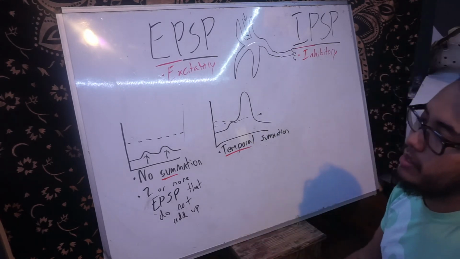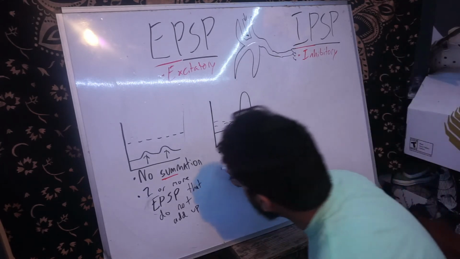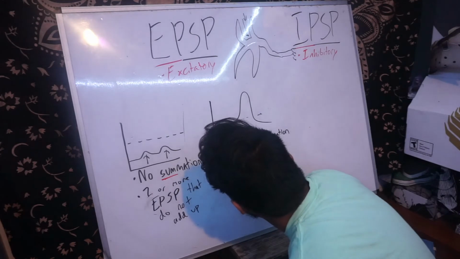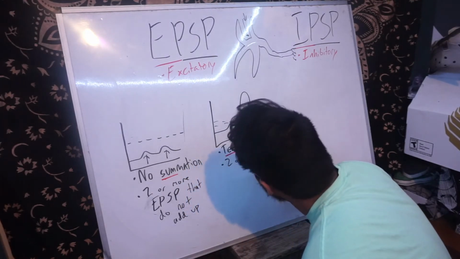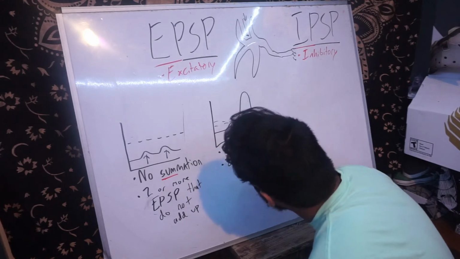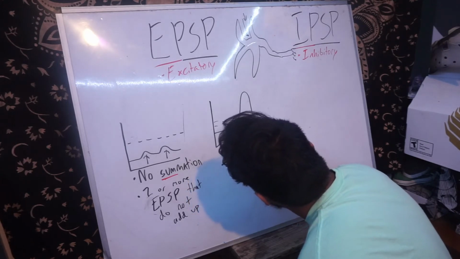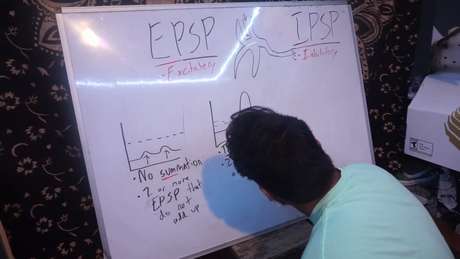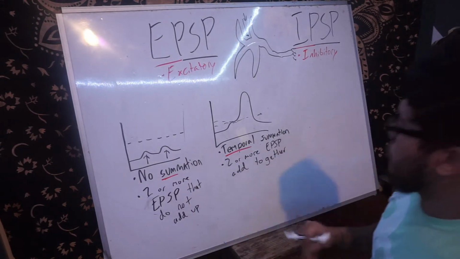Certain things are temporary, like at different times. So basically for this, it's two or more EPSPs that add together.